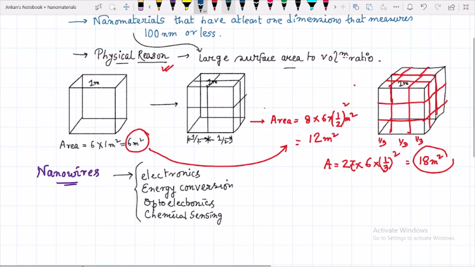Now the zero-dimensional nanomaterials such as quantum dots have immense applications.